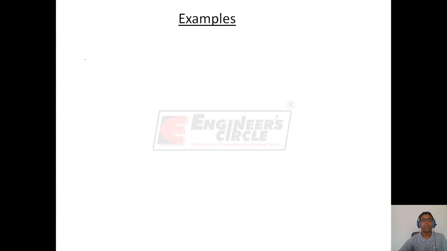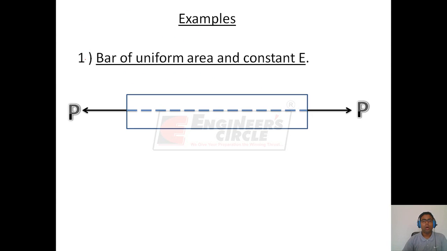Now, using this formula, we can calculate the total elongation of bar subjected to axial loading in many cases. For example, consider case 1 in which a bar of uniform area and constant E. The area is uniform. It means that area A is constant with respect to length. It is not changing over the length of the bar.